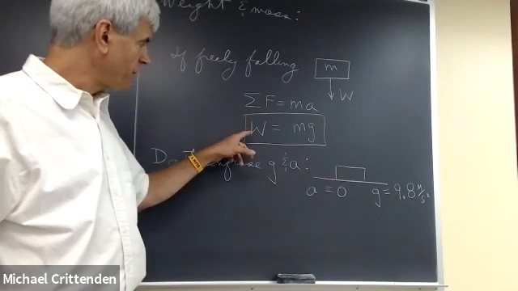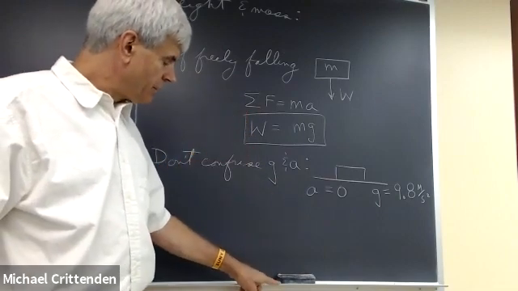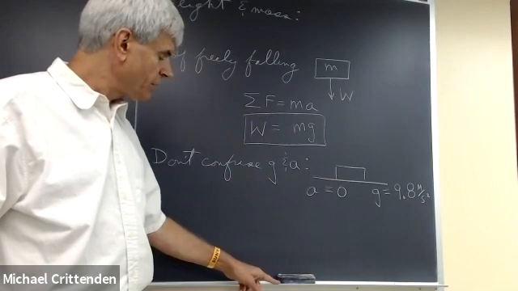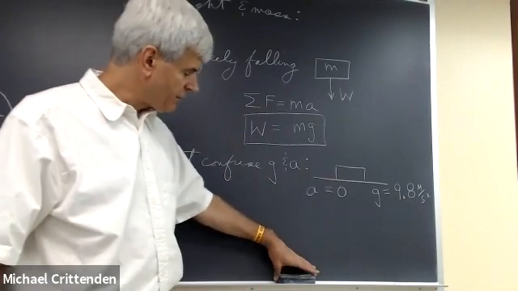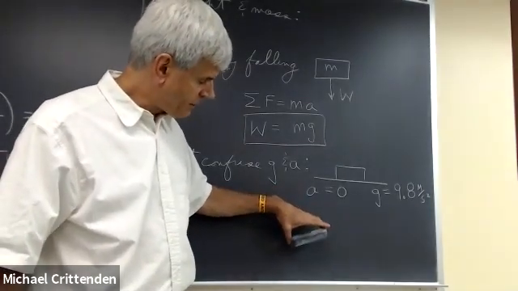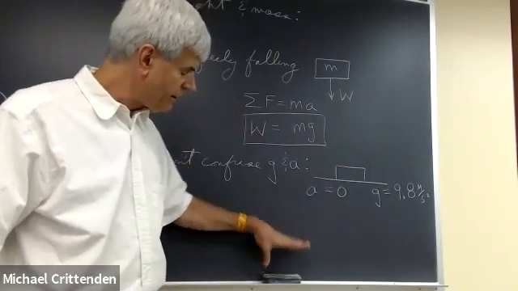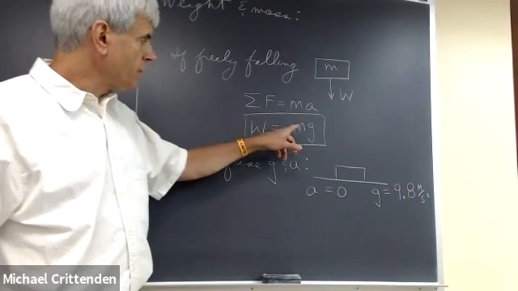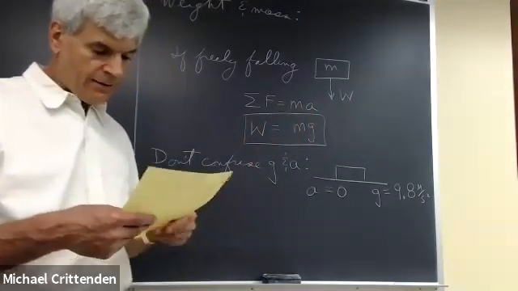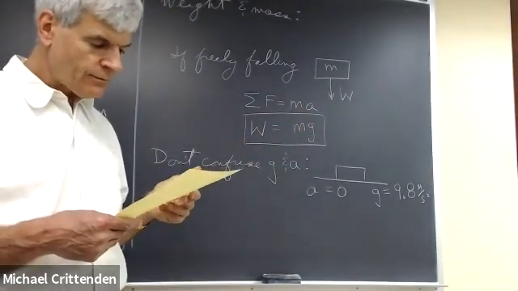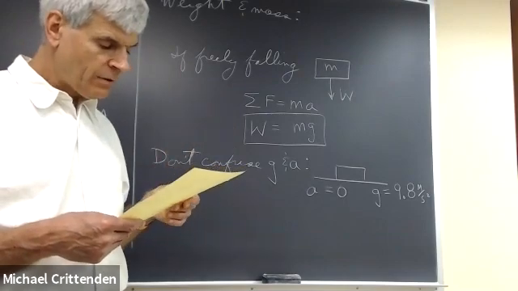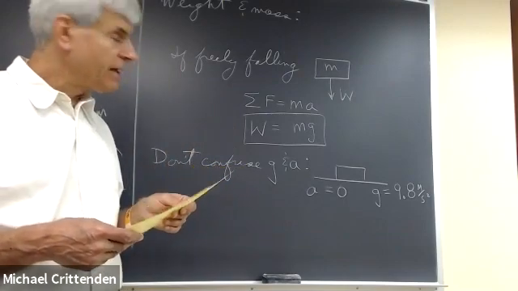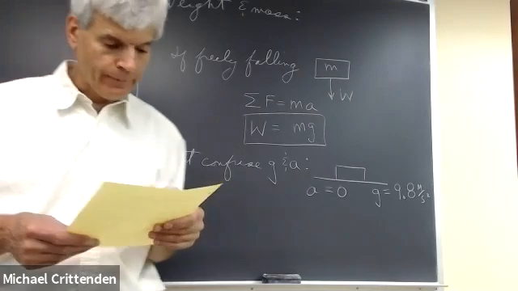There are other forces aside from the weight, but as far as that individual force, it weighs the same thing sitting there as it would if it were falling past the tray. And so in general, weight equals mass times gravity. If you have 1 kilogram, it weighs 9.8 newtons.